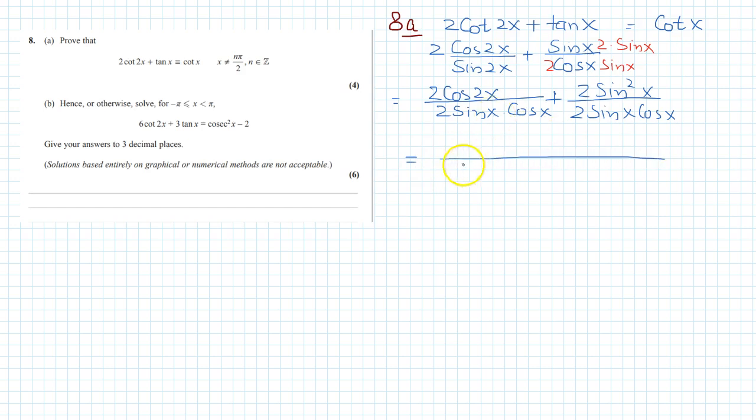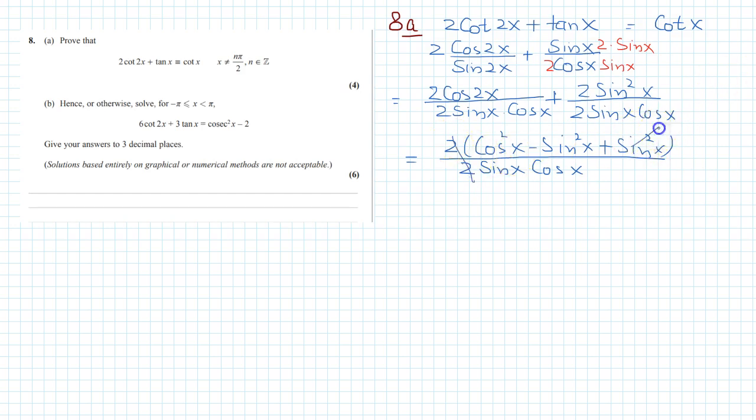Now my denominator is 2 sin x cos x and numerator will be 2 cos 2x, which is cos square x minus sin square x, plus 2 sin square x. Let's take this 2 out.